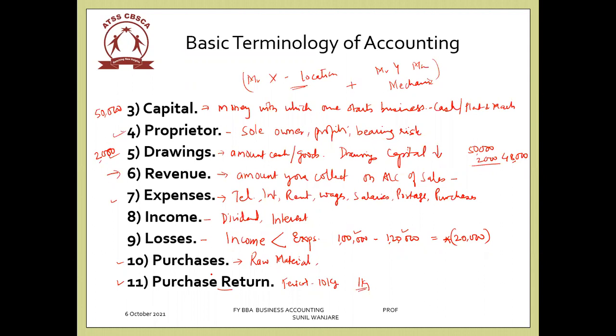Such items I will return to him. Or if the material he has supplied is faulty, not working properly, why should I keep it? I will return it to the supplier. So all purchases which are not in good order and which I return to the supplier are termed purchase returns. Are you with me, students?